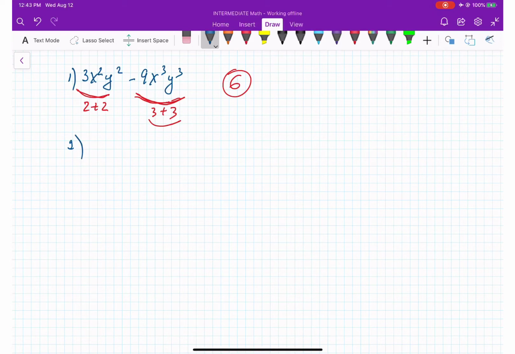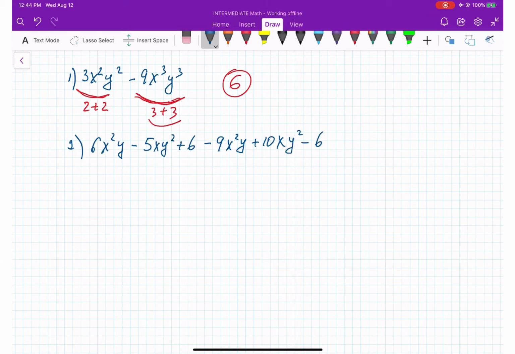All right, we need to do addition. Let's say 6x squared y, plus, no, okay, let's do minus 5x y squared plus 6 and minus 9x squared y plus 10xy squared and minus 6.